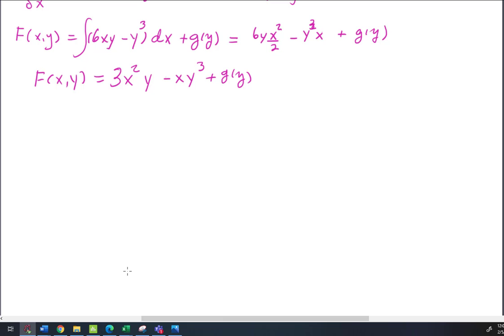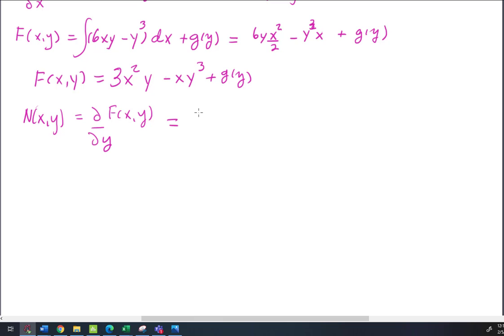Now, we would be done if we knew what this g of y function was. Well, we don't know what it is. But we do know something else. We know that N of x, y is the partial of f of x, y with respect to y.